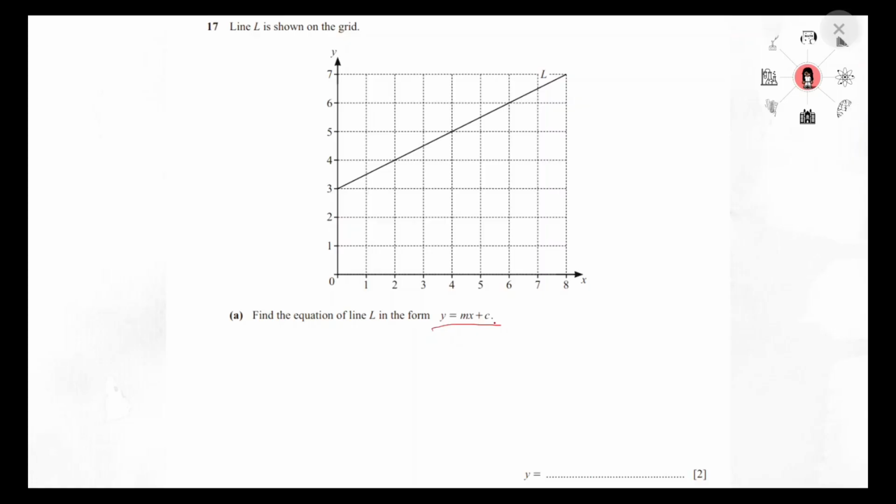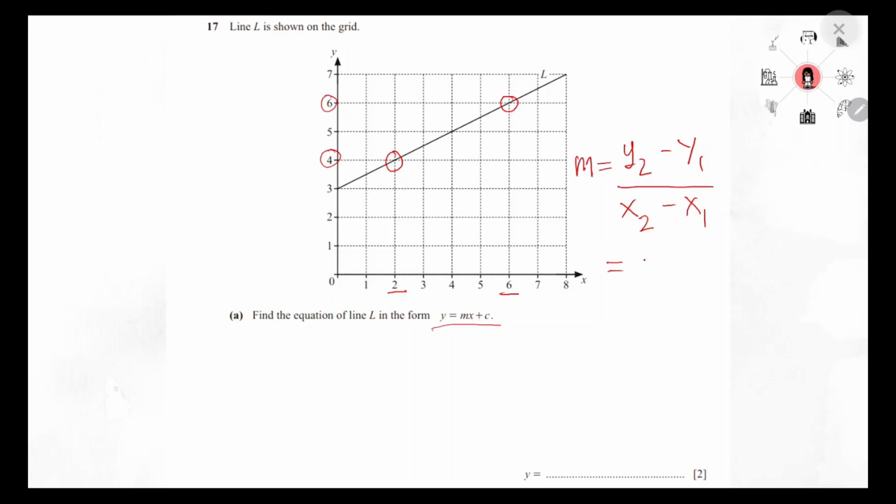To find gradient, we can use the formula m equals y2 minus y1 by x2 minus x1 by choosing 2 points here. First point has x as 2 and y as 4. The second point has x as 6 and y as 6 as well.